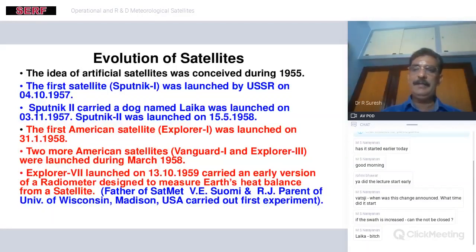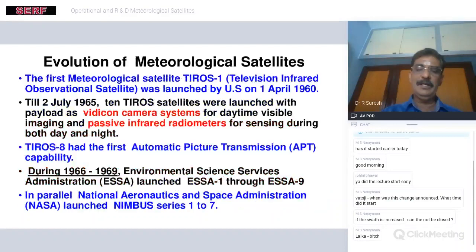One is called even the father of satellite meteorology, Professor V.E. Suomi, and the University of Wisconsin is a pioneer, especially in satellite sounding retrievals, Professor R.J. Parent. They collaborated, first conceived the idea, and then put it into operational use on the Explorer 7 satellite, which was launched on 13th October 1959.